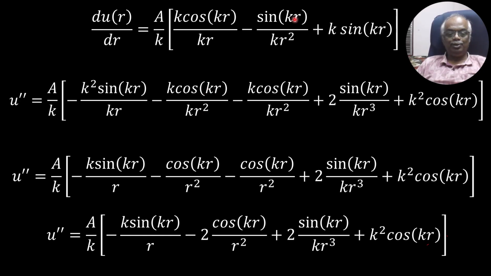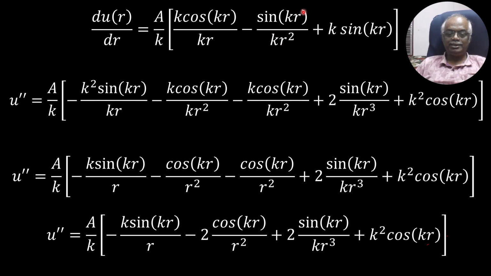Then you come here. Sin kr, if you differentiate, you will get k cos kr. We are keeping the denominator as it is. Then you keep the numerator as it is, sin kr, and differentiate the denominator.